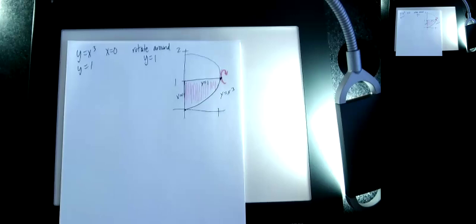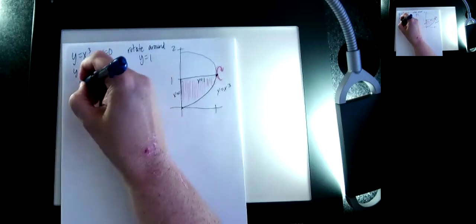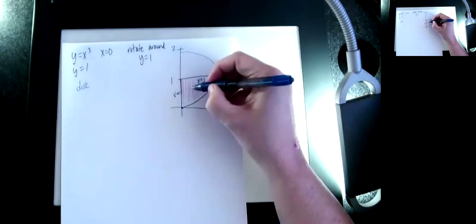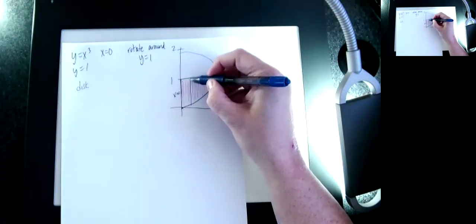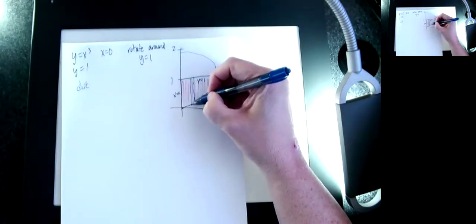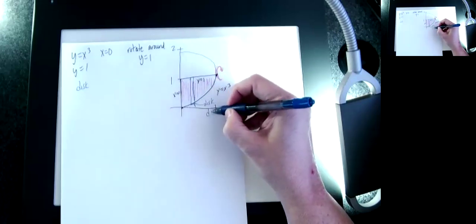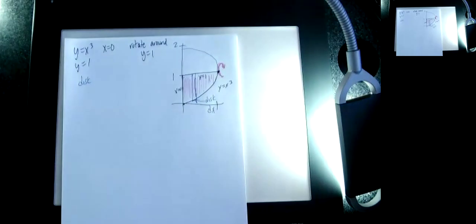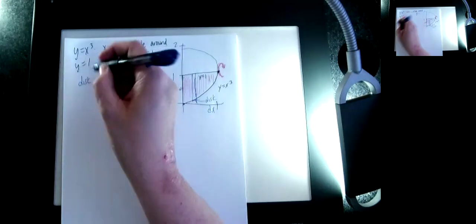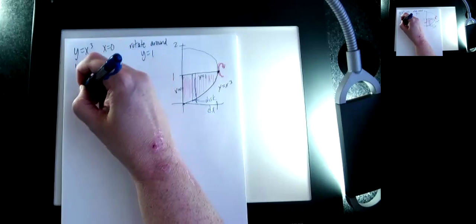So disk method. We would have a disk slice like this, which means we have a dx. And what's the radius?